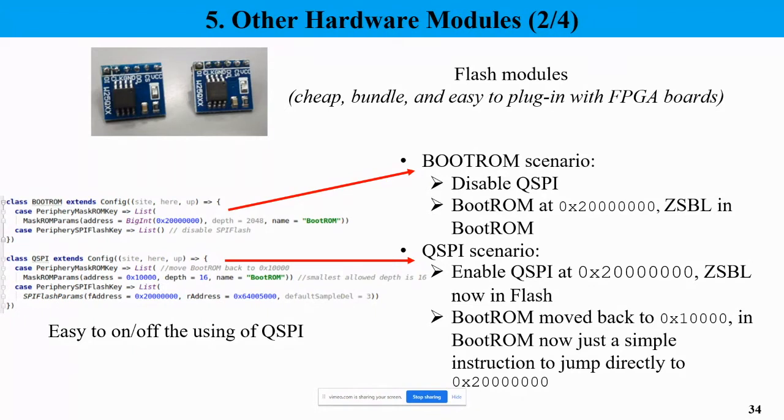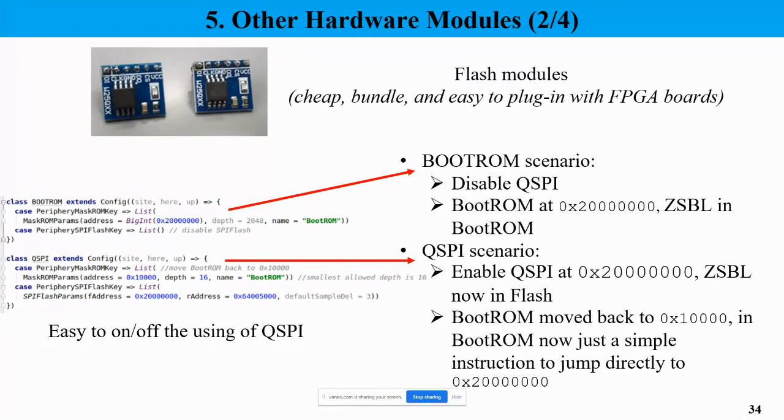Always at the 20 million address resides the zero-stage bootloader. And in this case, disabling the QSPI, the boot ROM will contain the CSVL and cannot be changed. This is the scenario for release hardware where the authentication process needs to be secure, as the boot ROM needs to be not writable indeed.